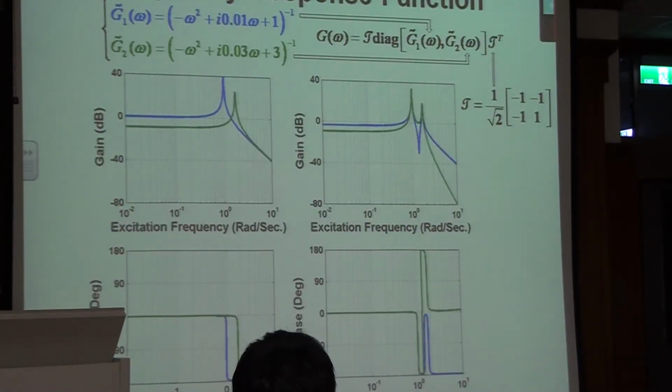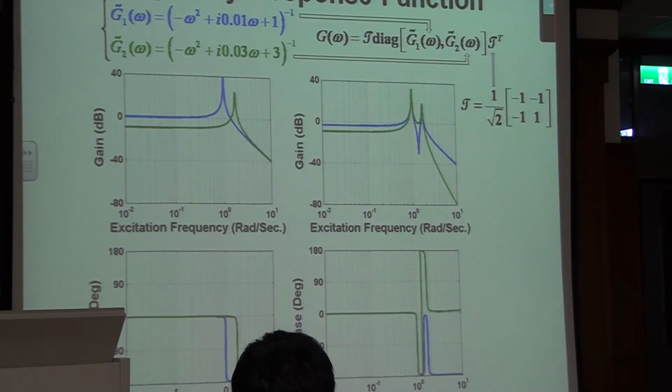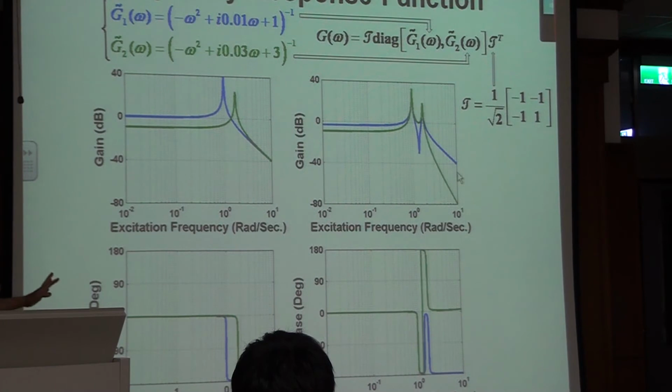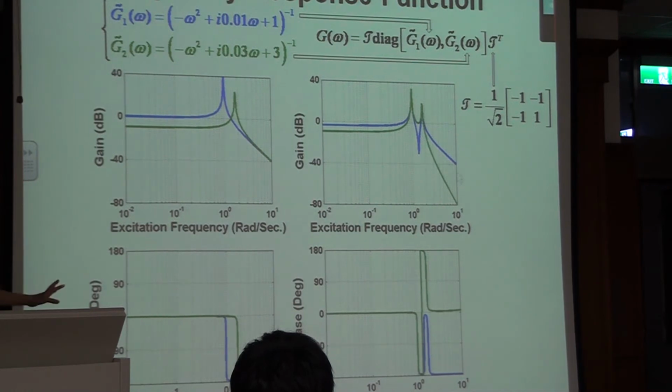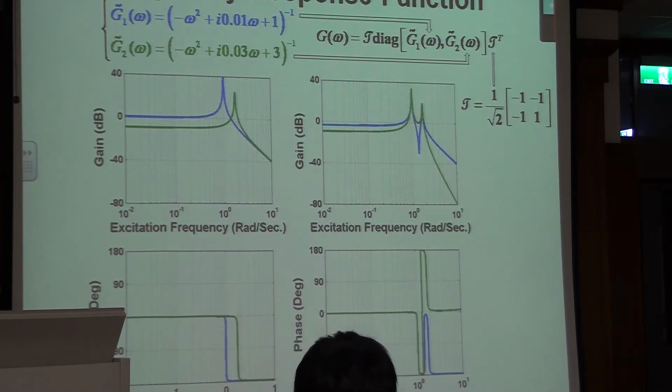All right, and this just gives you overall pictures. On the left hand side, you have the model coordinate. On the right hand side, you have physical coordinate, and how they look different, but they represent the same input and output.